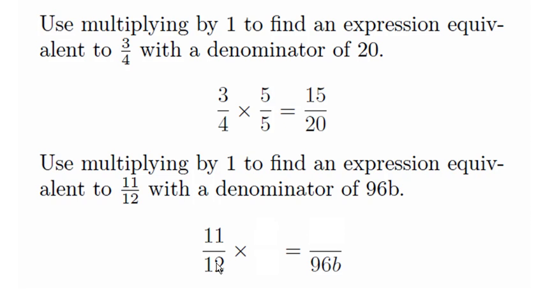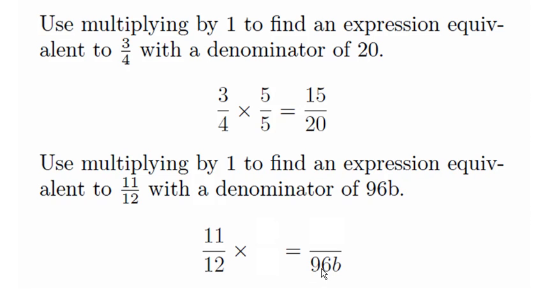So I'm going to have 11/12 times something is equal to something over 96b. But this something in the middle we know is going to be just 1. So I have to figure out, well, 12 times what over itself would give me something over 96b. So 12 times what gives me 96b.